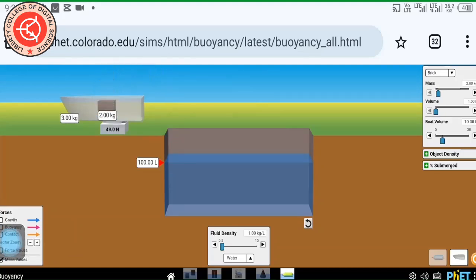That makes 49.0 Newton. So assuming that the total weight of the ship and the expected weight is 49.0 Newton, the question is, how do we design this ship such that it will produce enough buoyant force, enough upward force, before the ship together with the object is completely submerged?